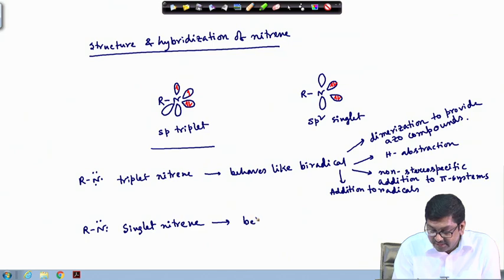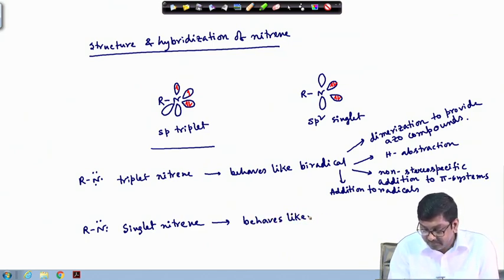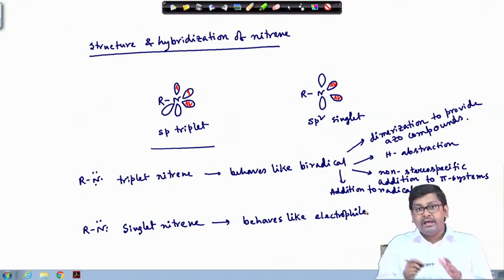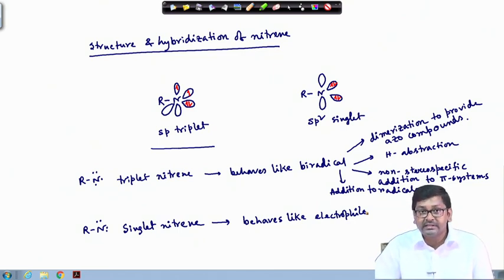Okay. We have seen that even though they are analogous to carbene, due to their structural features nitrenes give some different types of reactions than the carbenes. So, if this singlet nitrene is behaving like an electrophile, what types of reactions can it give?